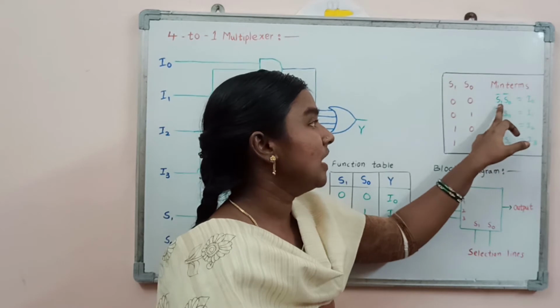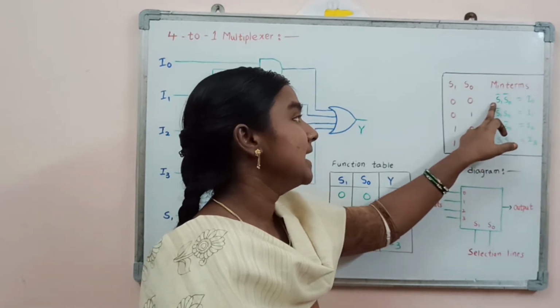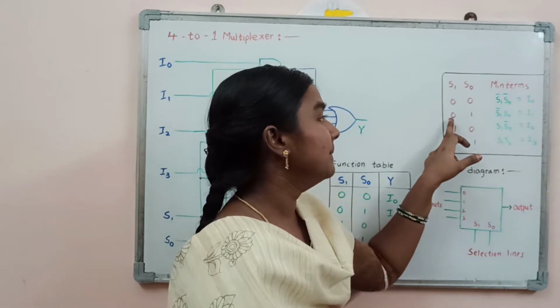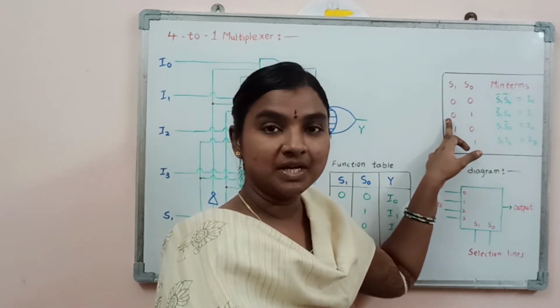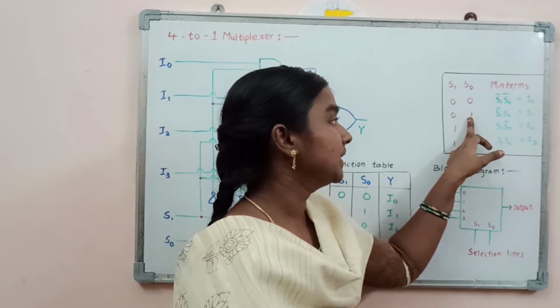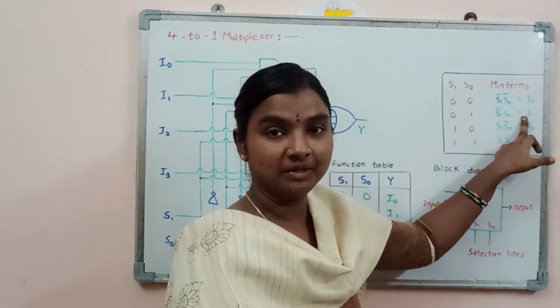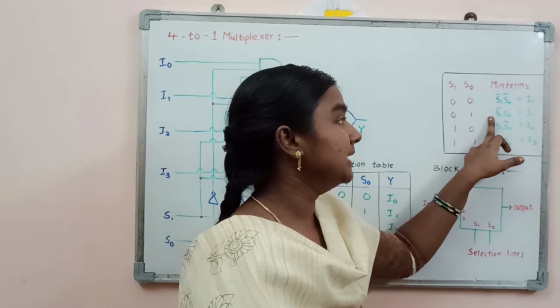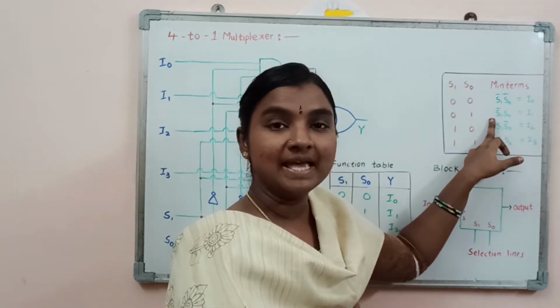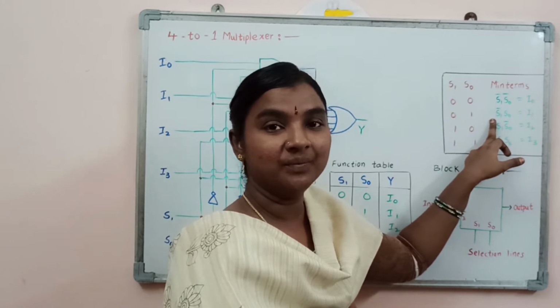In minterm format, we may write this as S1 complement and S0 complement. If the binary bits on selection lines are S1 equal to 0, S0 equal to 1, it is going to select the I1 input line, and the minterm regarding this I1 input, we may write as S1 complement and S0.